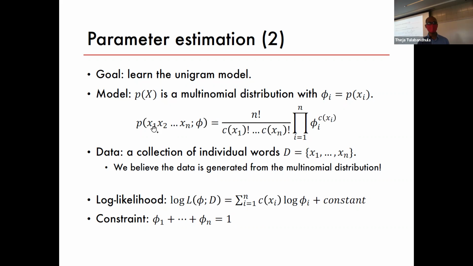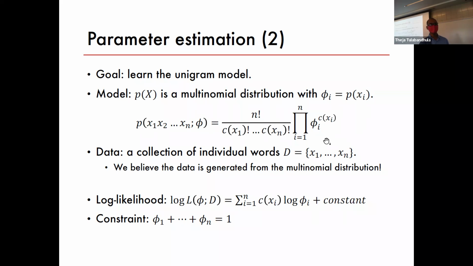N is just the number of words that you've seen. C of x_1 up to C of x_n are just counts of these words. Some words may be repeated a few times, so you're just counting them. This is a product, and every time a word appears, you're multiplying a phi for that word, and some words will have some extra count, so that's why there's a power.